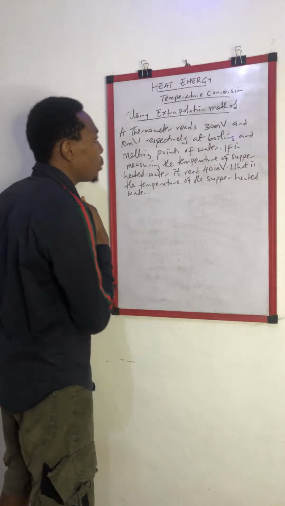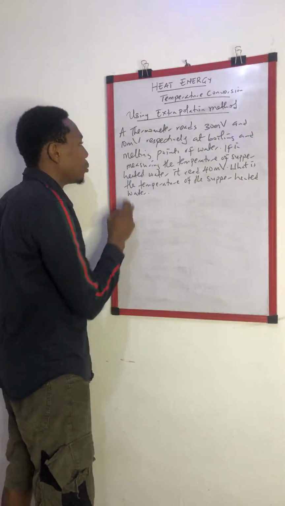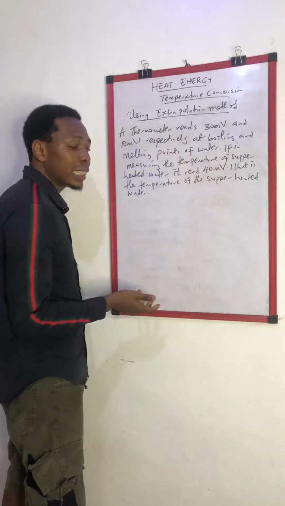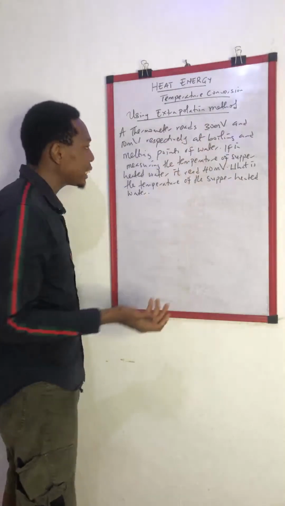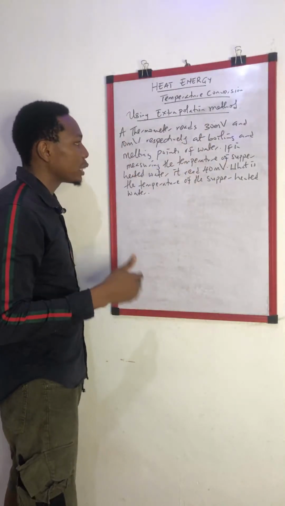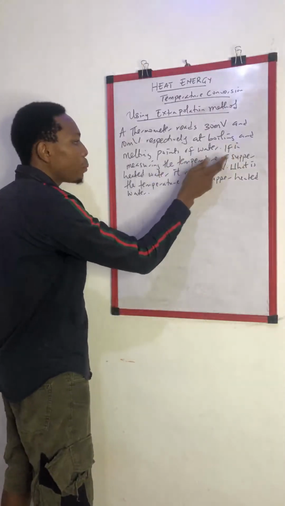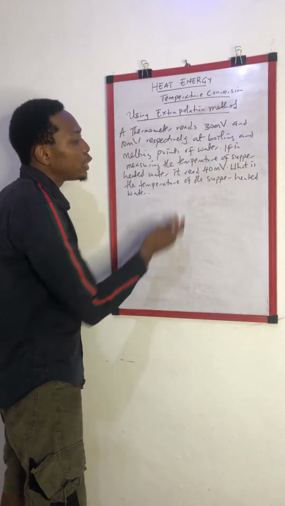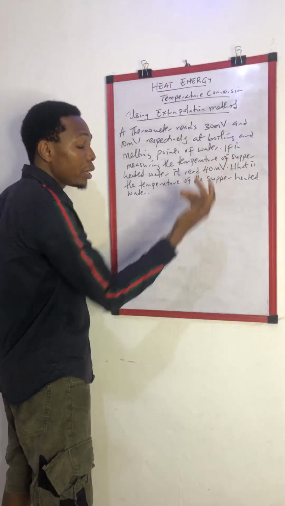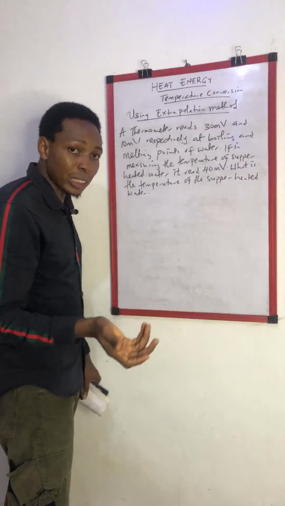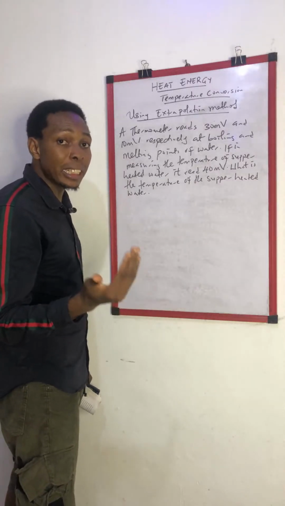So we are told that a thermometer reads 30 millivolts and 10 millivolts respectively at boiling and melting points. That is, our upper fixed point is 30 and our lower fixed point is, sorry, 10. We were now told that if in measuring the temperature of superheated water, it now reads 40 millivolts, then what is the temperature of the superheated water? That temperature should be in degrees Celsius.